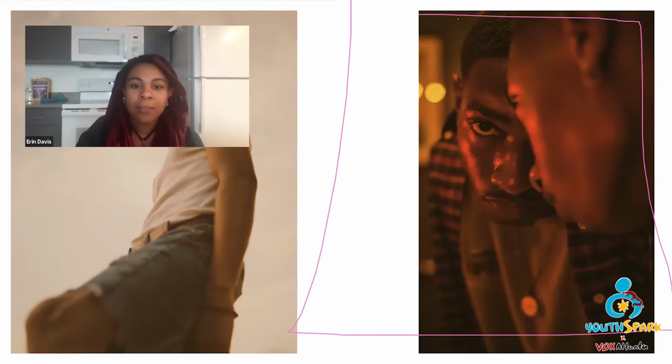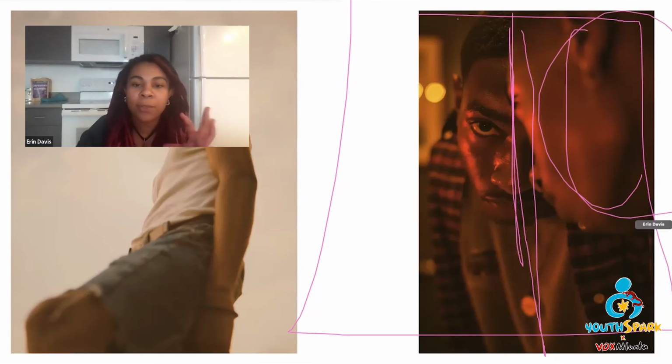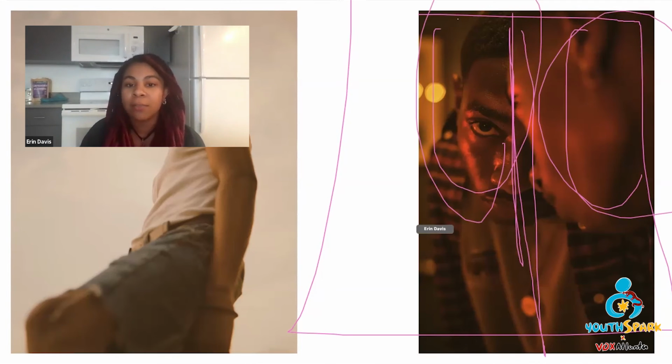So it's still a really good example of, okay, here's this part of the photo, here's this part of the photo. There's a really good sense of balance because both parts of the frame are filled, but there's also a relationship between the Jabari here and the Jabari here, almost as if they're two different people.